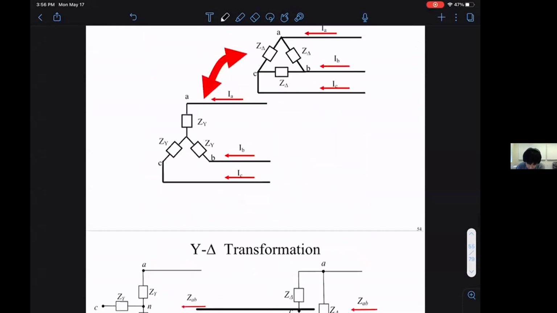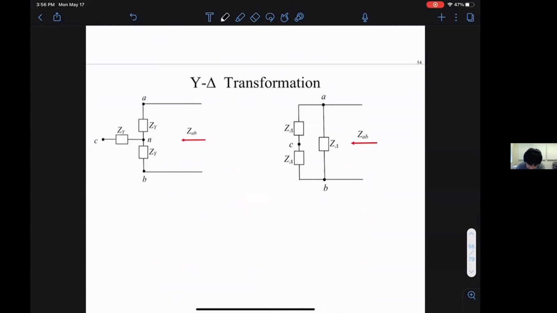The reason we can do a conversion is that if my load is delta, I can look through the A to B port and I will see something. This is a Y connection, and this is a delta connection.